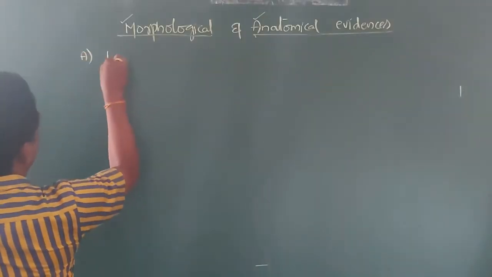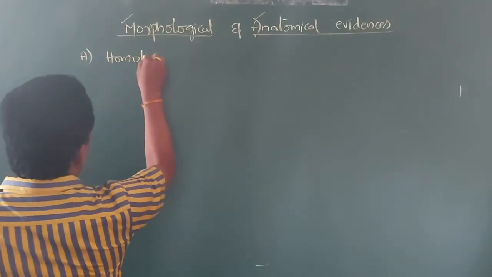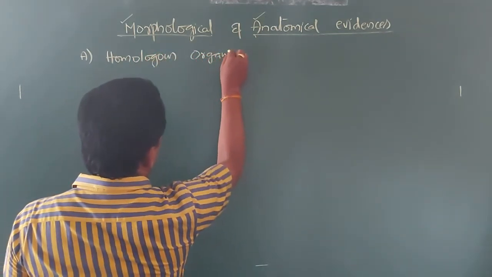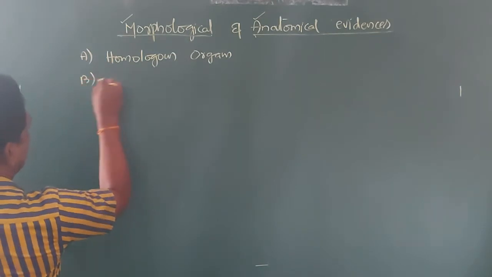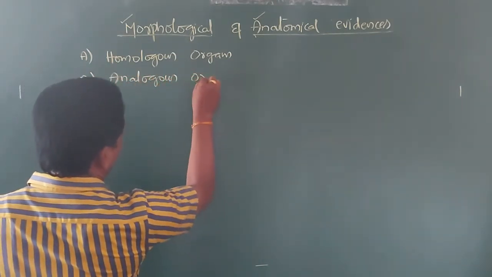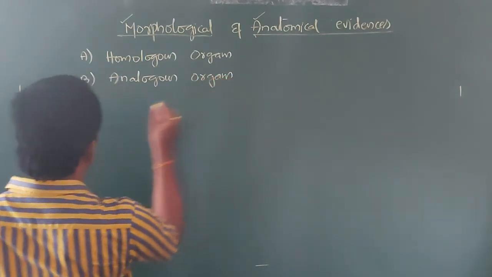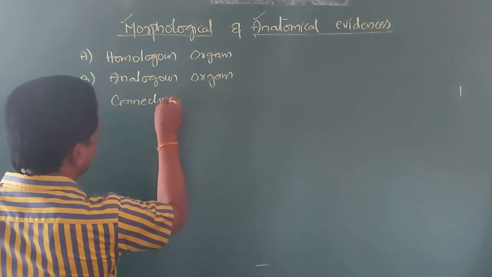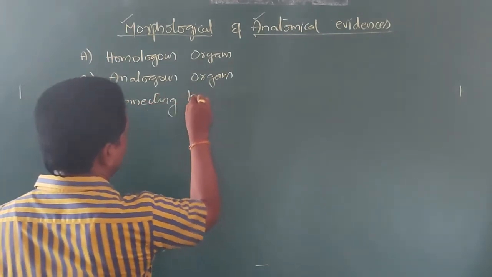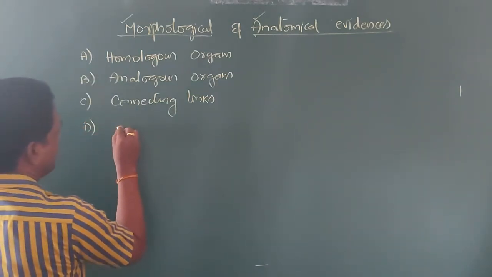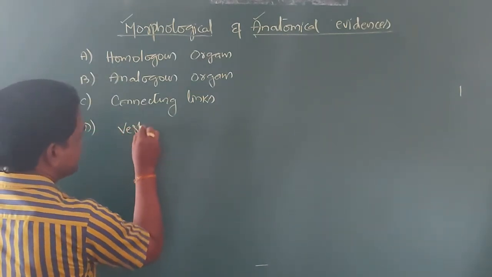One of them, homologous organs. Second one, analogous organs. Third one, connecting links. Fourth one, vestigial organs.